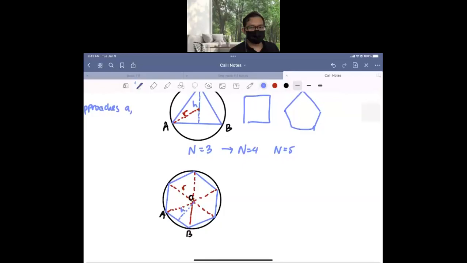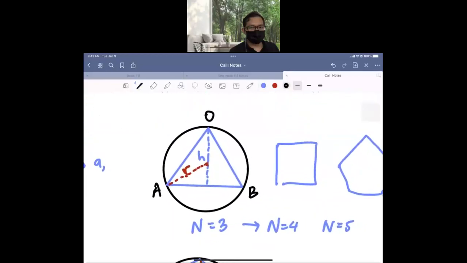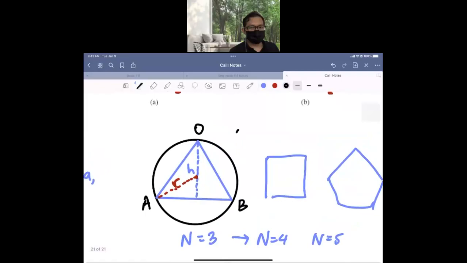So for the three sides, if I want to find the area of the triangle, the computation will be half, the base, which is AB, multiplied with the height.